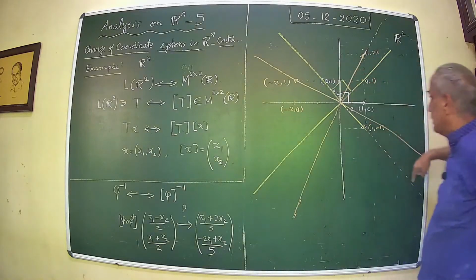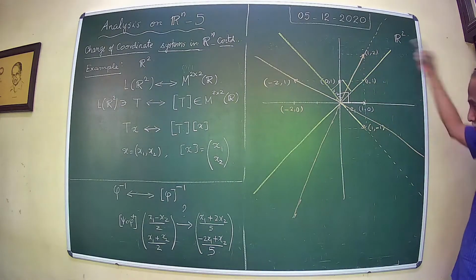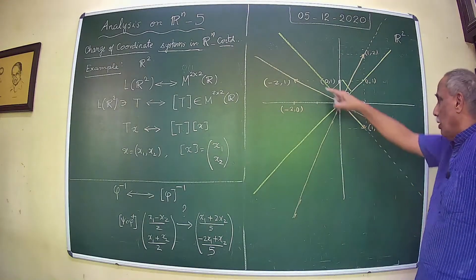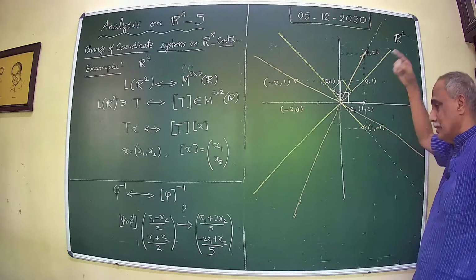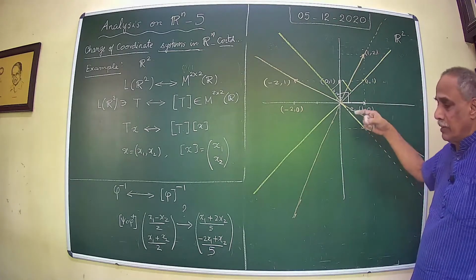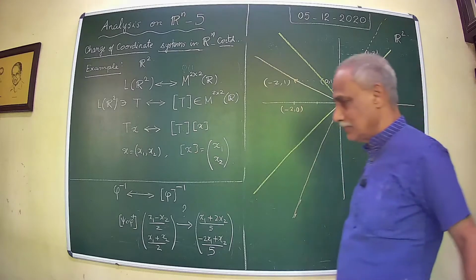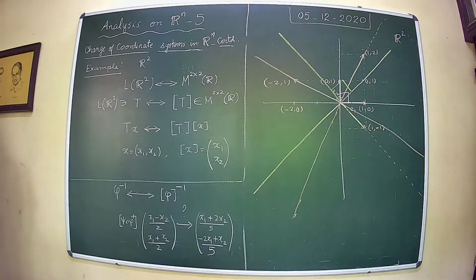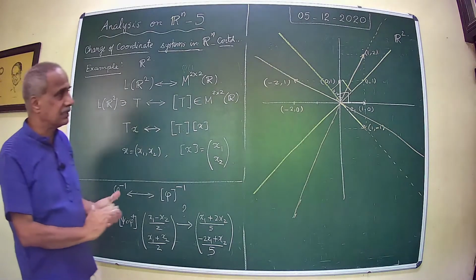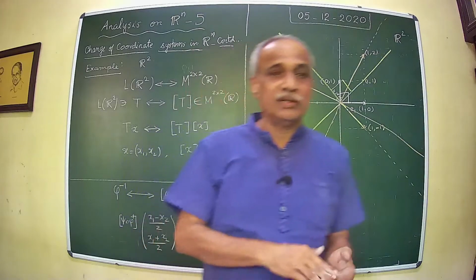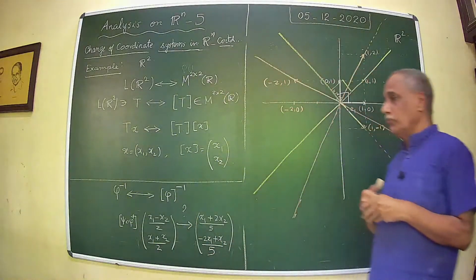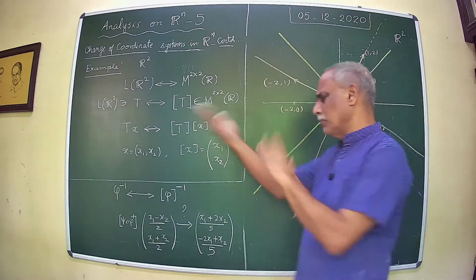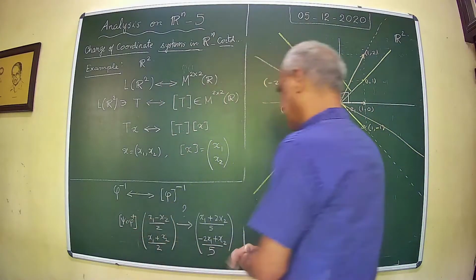In the yellow basis the same point will have different coordinates, and in the orange basis the same point is represented by yet different coordinates. That's the important thing: the coordinate system essentially fixes the coordinates. Now all this can be easily understood as mappings from R2 to R2. This is what we have done.